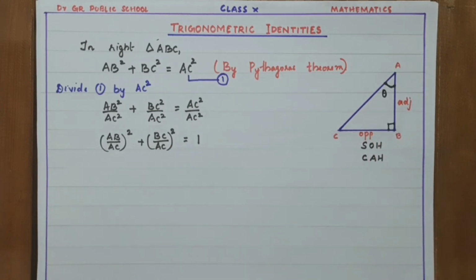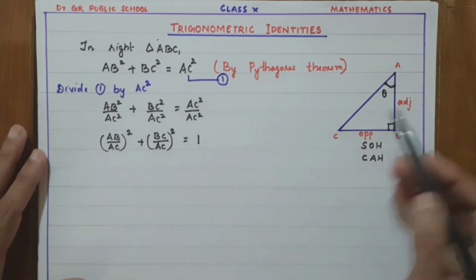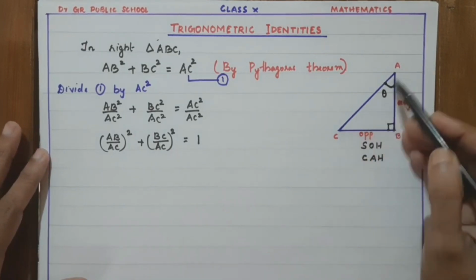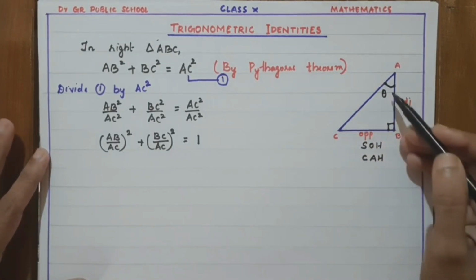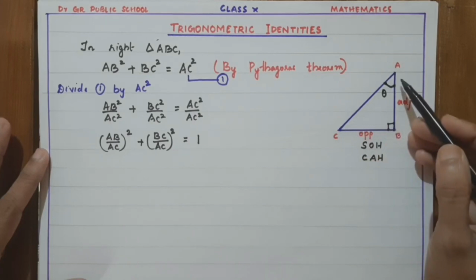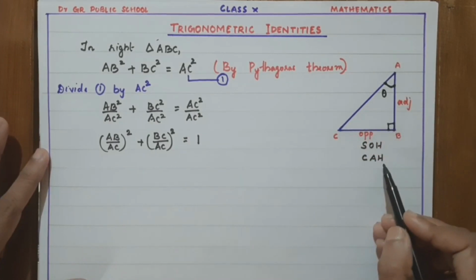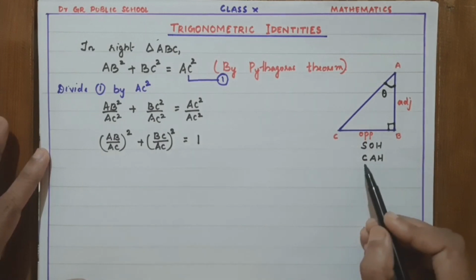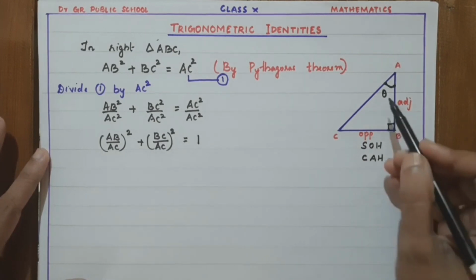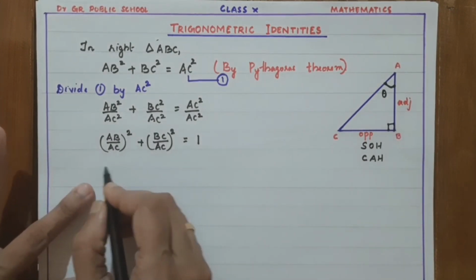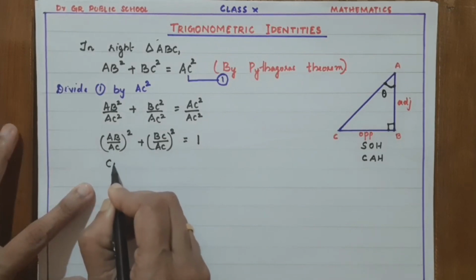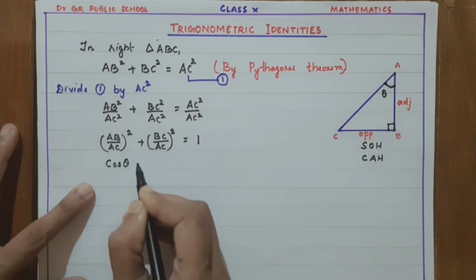Okay, now what is AB by AC? Adjacent side by hypotenuse. What is adjacent side by hypotenuse? Adjacent side by hypotenuse is cos theta, isn't it? So, AB by AC we can write as cos theta.